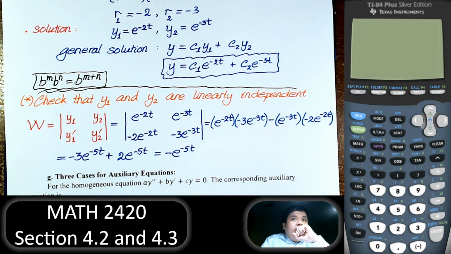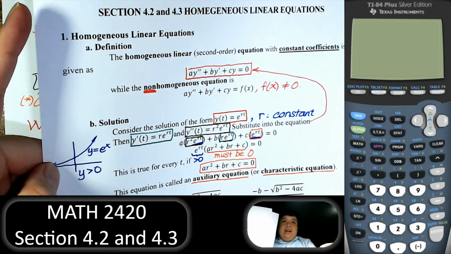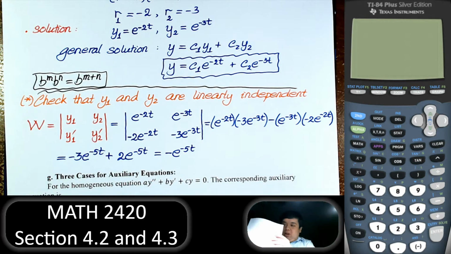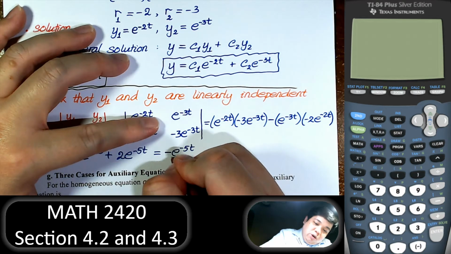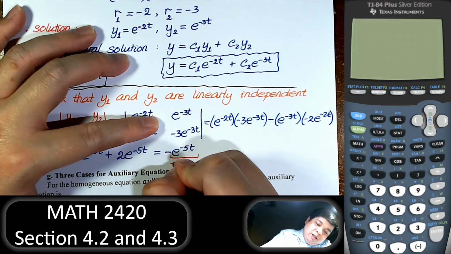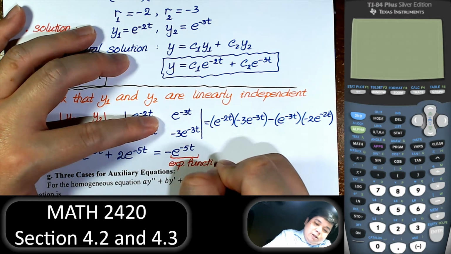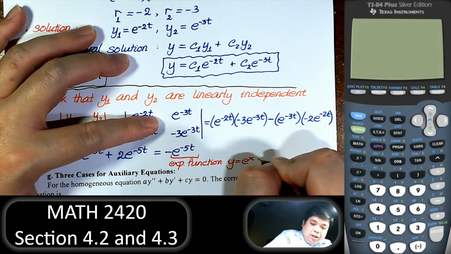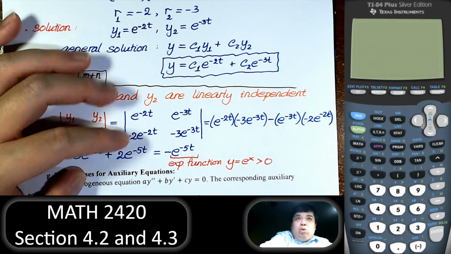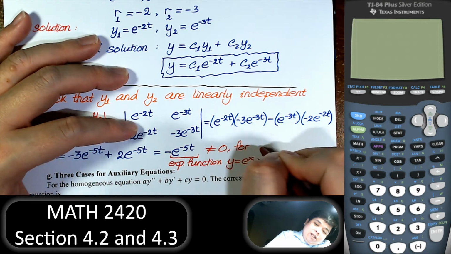Now, what did we say about the exponential function? The exponential function is positive, or not equal to 0, right? So this one is not equal to 0 for every t.